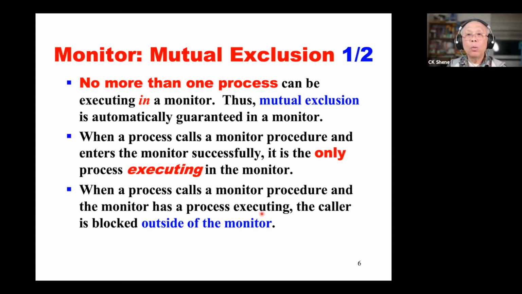And if, when that process or thread calls a monitor procedure, there's no one executing in the monitor, then this caller, a process or a thread, depending on the system, will be allowed to execute inside the monitor. So in this case, the caller of that monitor procedure starts execution of the procedure's statements. And this implements the mutual exclusion requirement of a monitor.